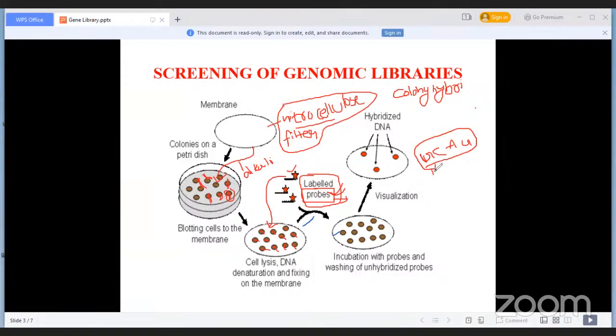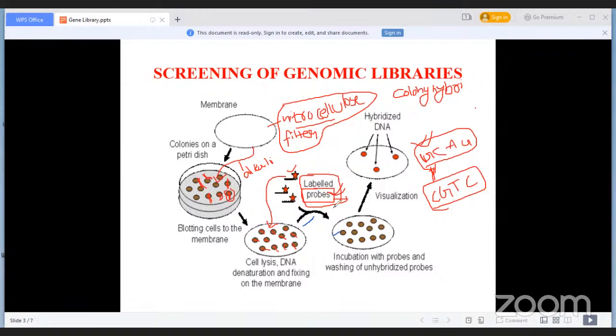But we don't know where this type of complementary sequence is, the C, G, T, C. You don't know where this sequence is present in this group, in these colonies. That's why you selected the complementary sequence of the desired gene as a probe.